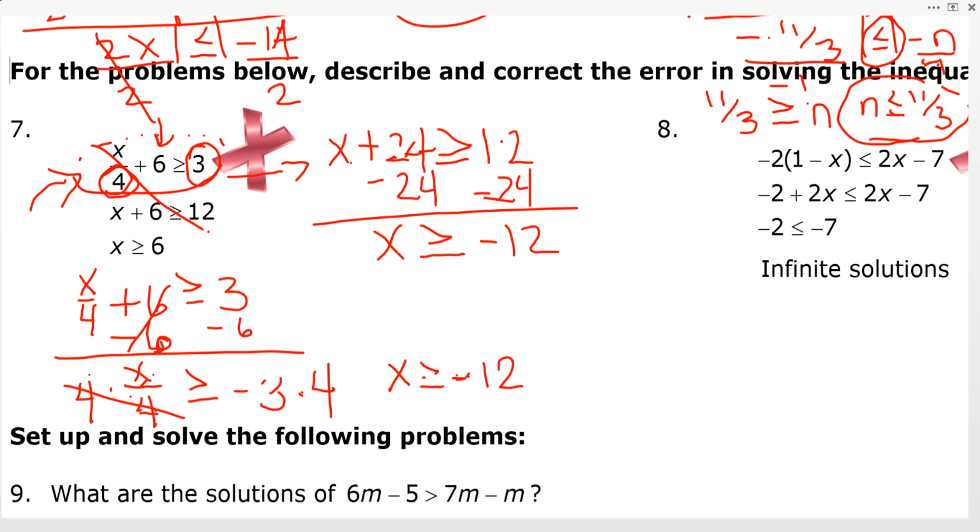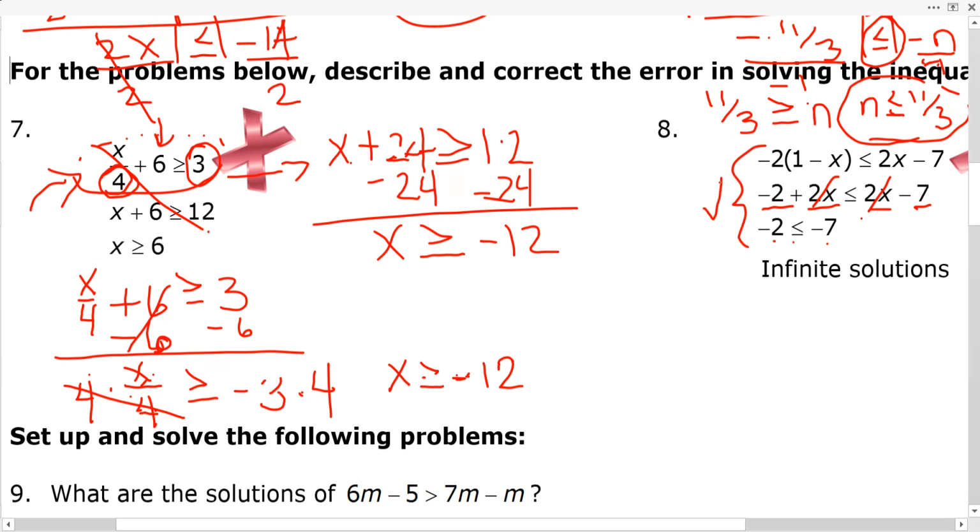Okay, number 8 does a lot of work. There's some distributing, so you get negative 2 plus 2x, that's correct, and you have 2x minus 7. If you subtract 2x from both sides, those go away, so you have negative 2 is less than negative 7, infinite solutions. So there's not a problem in the math up here.